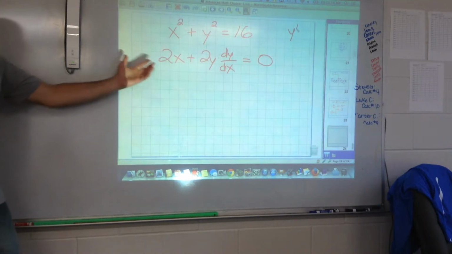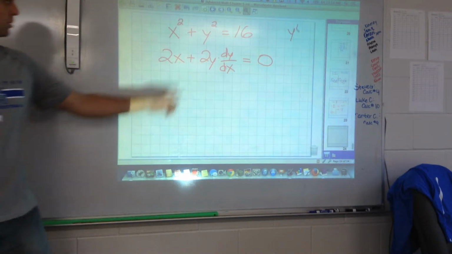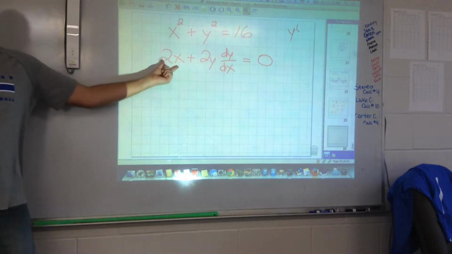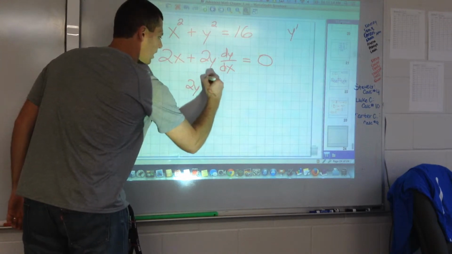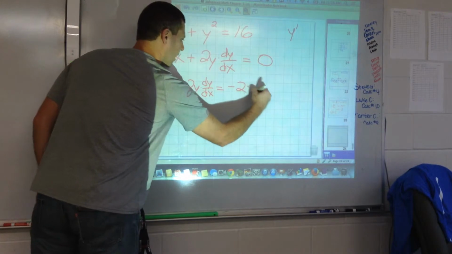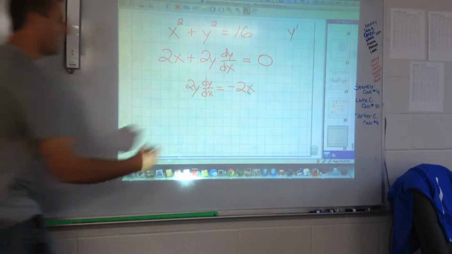Okay? Now, let's get dy dx by itself, because that's what we're trying to do. We're trying to find the derivative of y with respect to x, so we want to know what this equals. If we're trying to get dy dx by itself, I would subtract 2x from both sides. So 2y dy dx equals negative 2x. Then what? Divide by 2y.